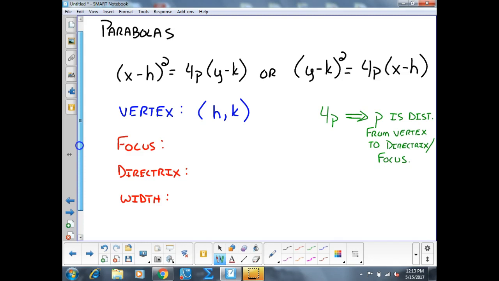Questions on parabolas? We might also have an opening type question. I don't think there's anything else that we had there in terms of our basic stuff. We can go back and look at an old quiz.